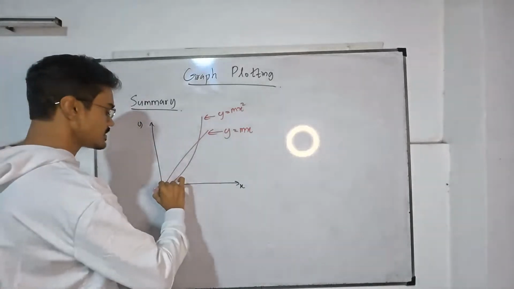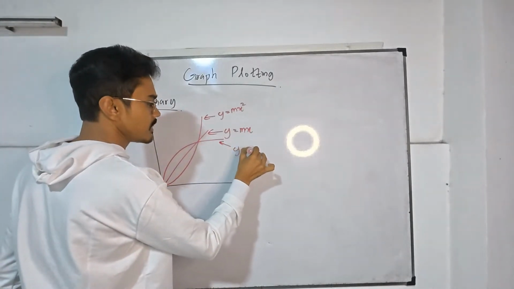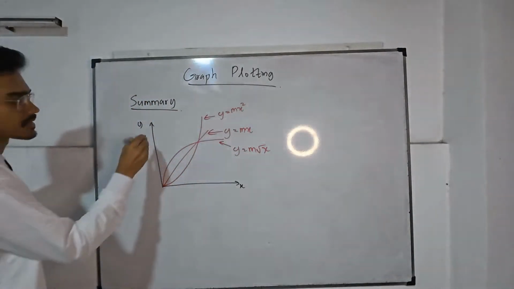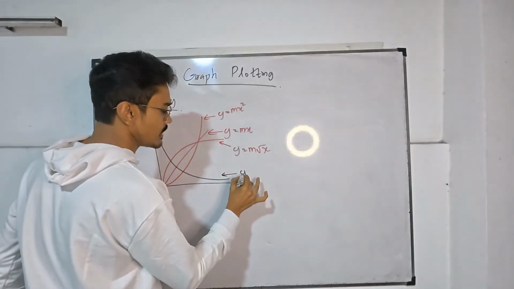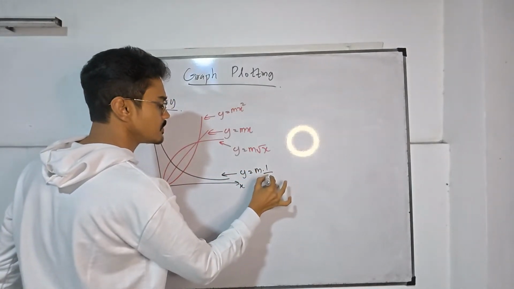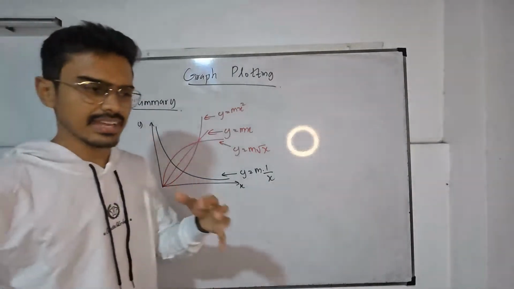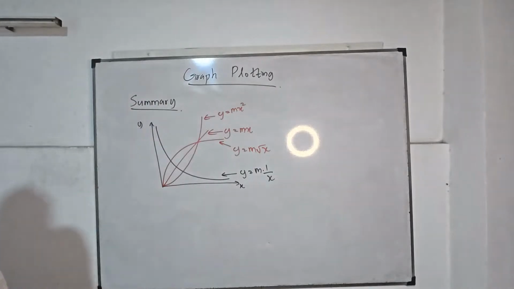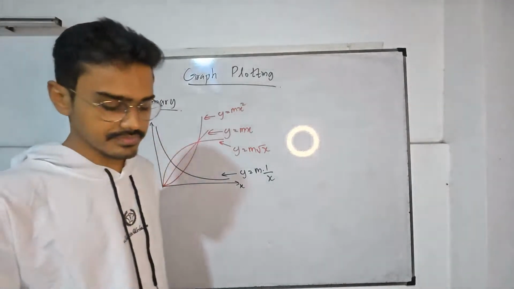And this is y equals m root x. And this is y equals m over x. Right? So if I plot these main curves on the same axis panel like this, this is how it looks. Take it down as a summary.